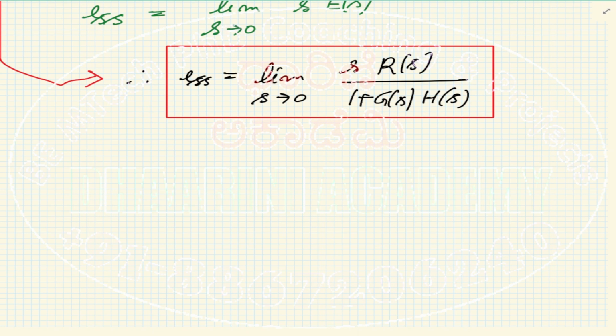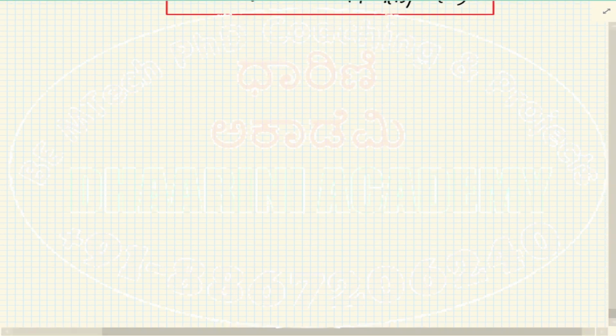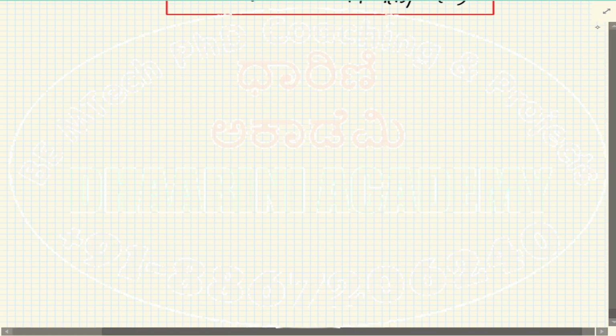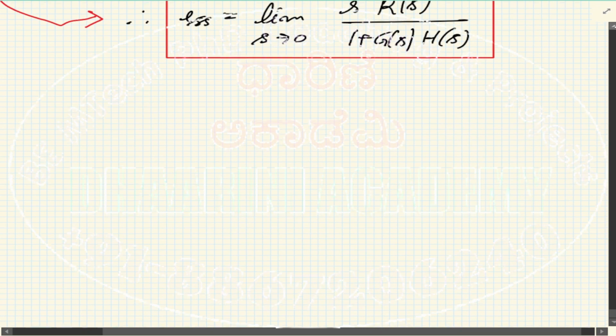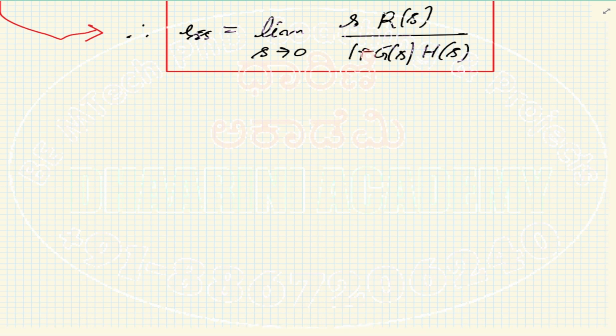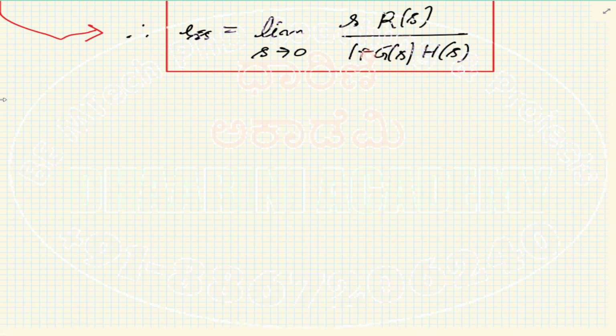Okay, now let's try to calculate the steady state error for different inputs. This is very important, because we know that there are standard inputs to the system. Why do you need standard inputs defined?